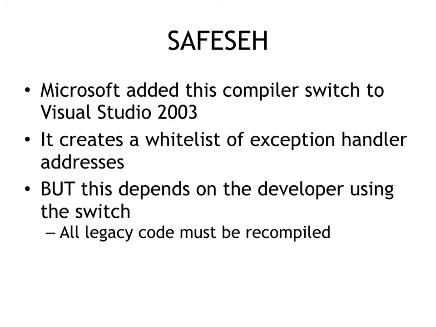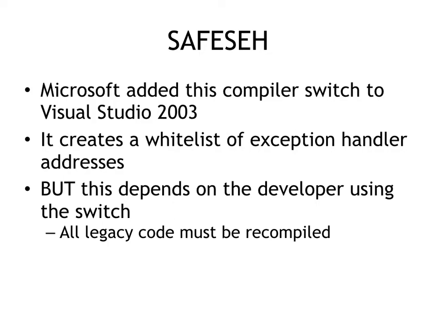Now, SafeSEH is a Visual Studio compiling switch, and this creates a white list of exception handler addresses, which is really quite clever. You remember we had something similar with DLL registration. There were registry keys that said certain DLLs had to be loaded from certain locations on the disk, so you could not use companion Trojans anymore.